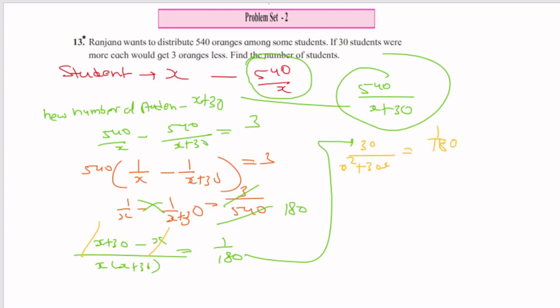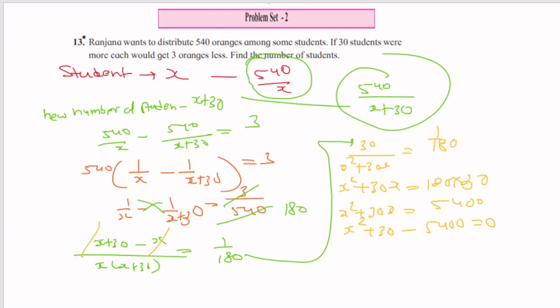Now we can write in proper form, so saying that x square plus 30x equal to 180 into 30. So x square plus 30x equal to 5400. Bring all elements to one side, minus 5400 equal to 0. Perfect. Now we have to get the factors.